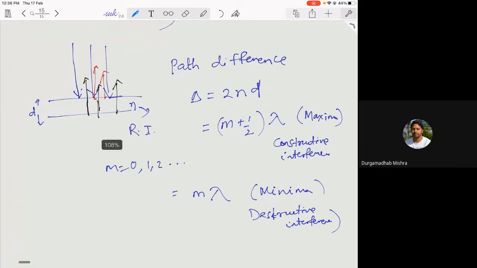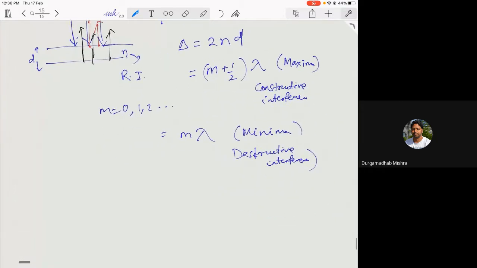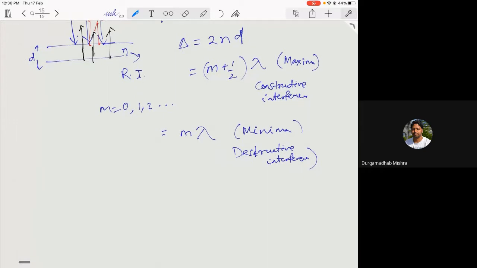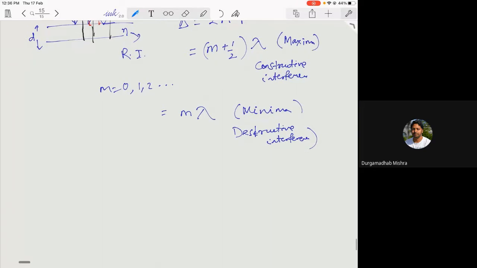Now, before going into the application, what would happen if I take the same medium, let's say this is glass, this is also glass, and I have air here?